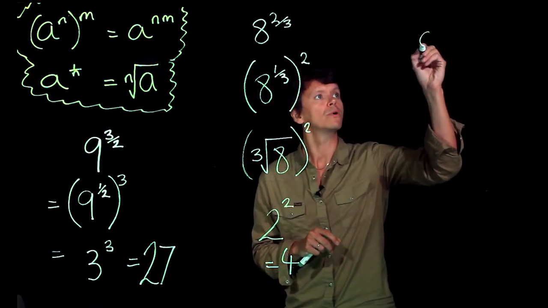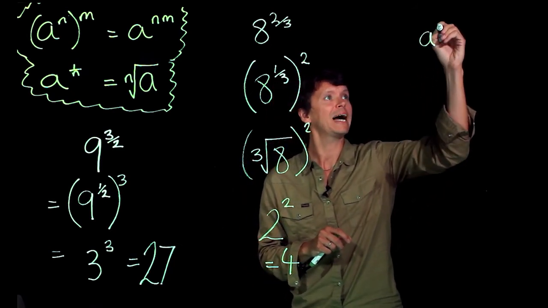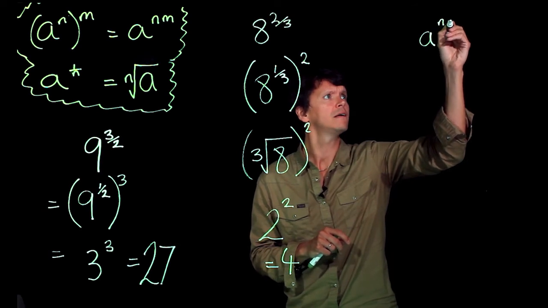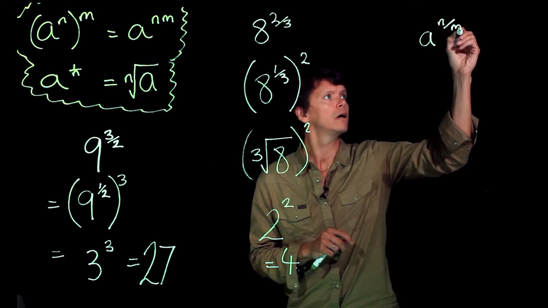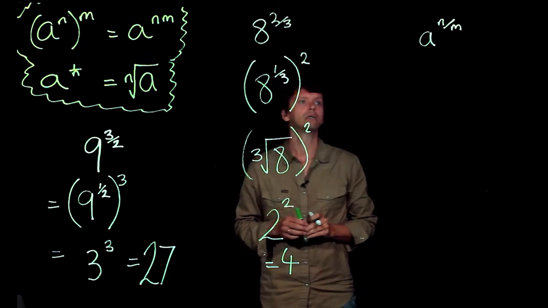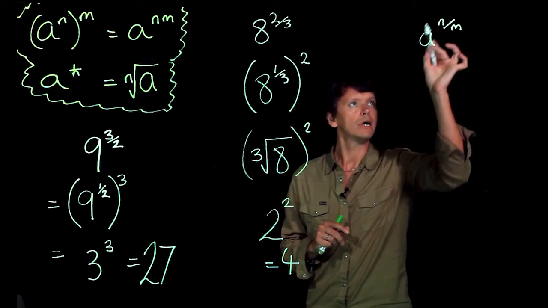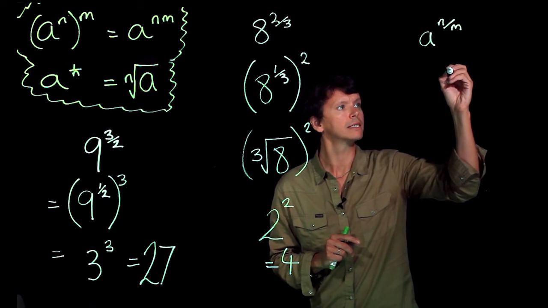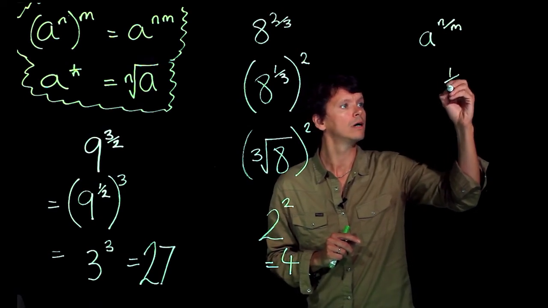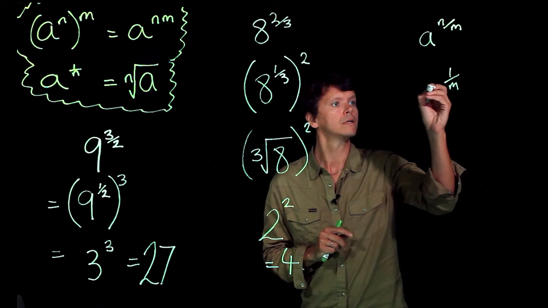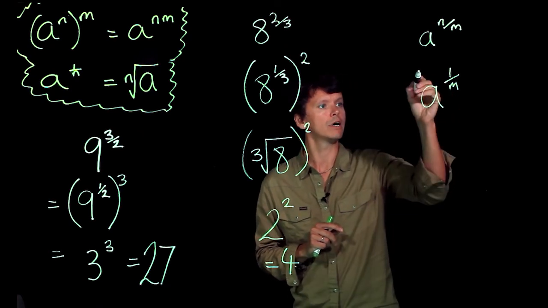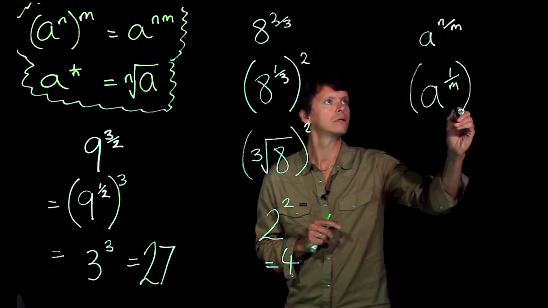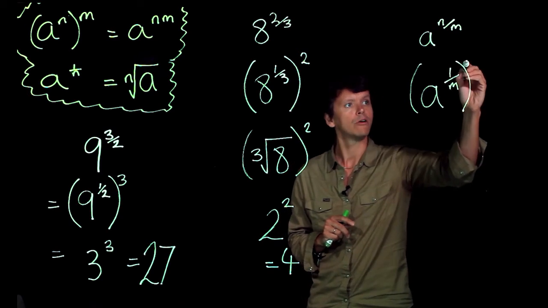So let's have a look at a general case. If we were to start with a to the power of n over m, again, we're going to separate this power out. We're going to say that that is a to the 1 over m as our power that we're going to raise a to, all to the power of n.